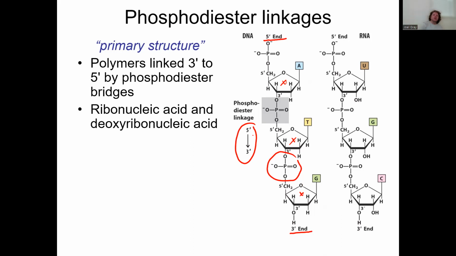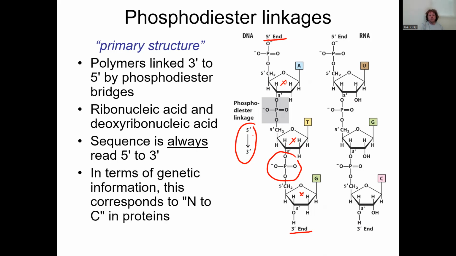Ribonucleic acid and deoxyribonucleic acid are the sugars that are present. The sequence of a DNA molecule and an RNA molecule are read in the 5' to 3' direction. This is similar to, just to extrapolate out, and actually let me take a little bit of a moment to pause and talk about, well, we have DNA, which is transcribed, or the process of converted.